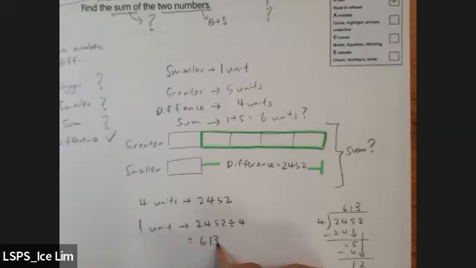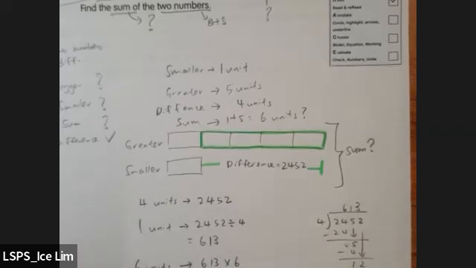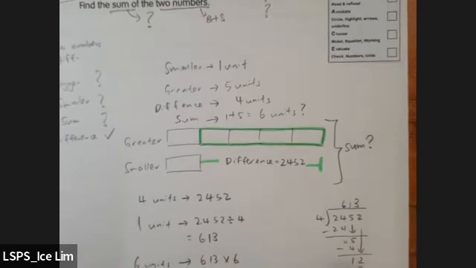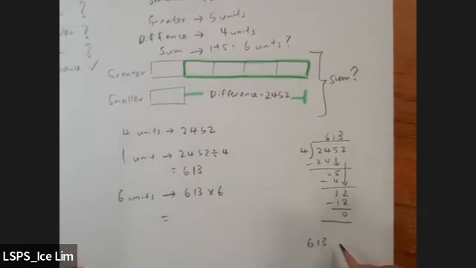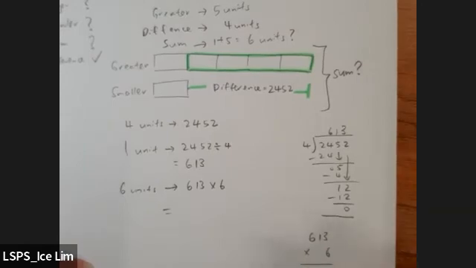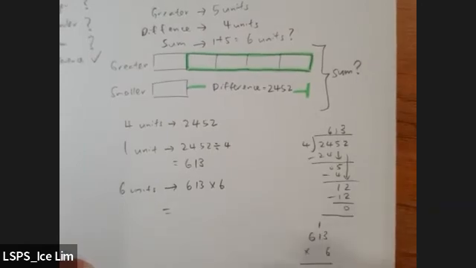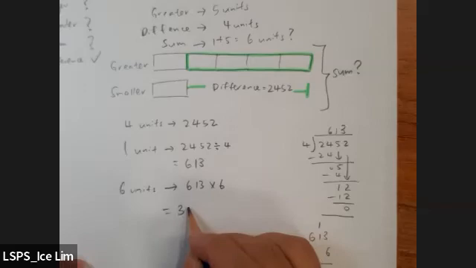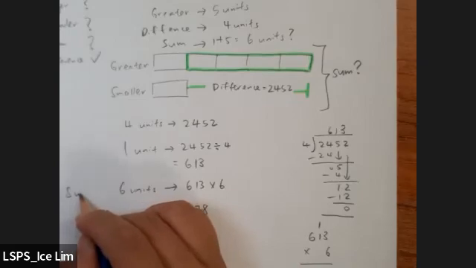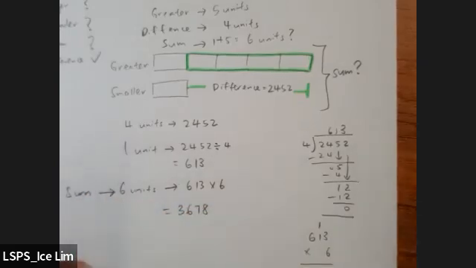That's 613. The sum is 6 units. That will be 613 times 6. And that's the answer.